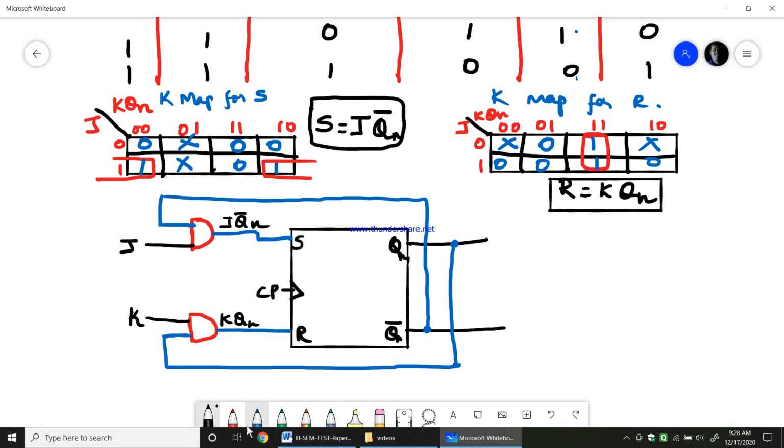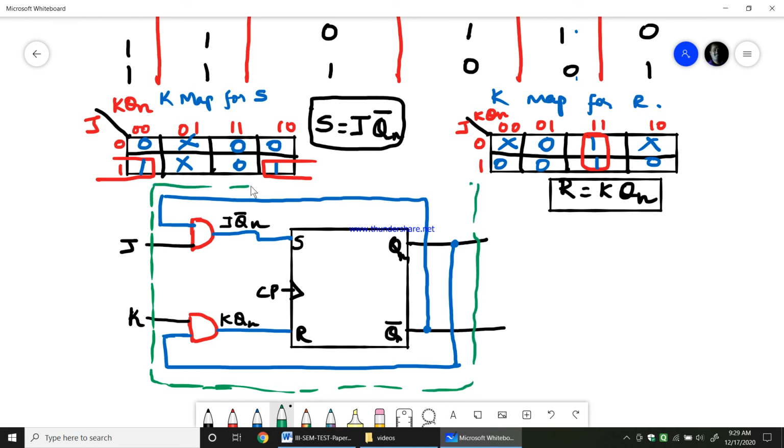Now this complete box, whatever we have mentioned, will now have JK input, Q and Q bar as the output. This is how we convert SR to JK flip-flop.